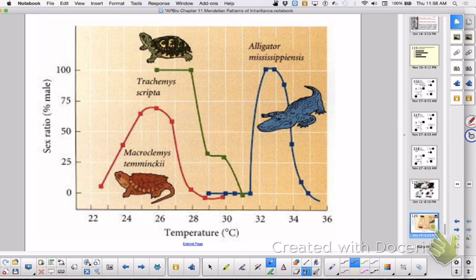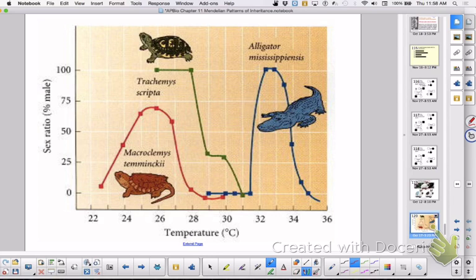When you look at reptiles and whether they're males or females, it has to do with the temperature of the nest. Somehow the females know, and they may want to produce more males or females depending on how deep they dig their nest.